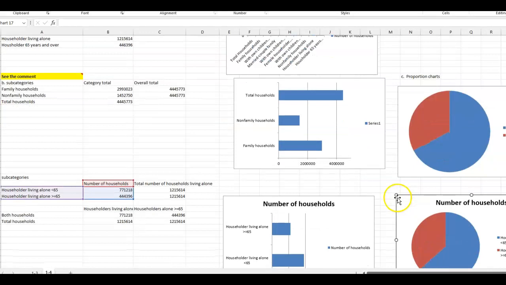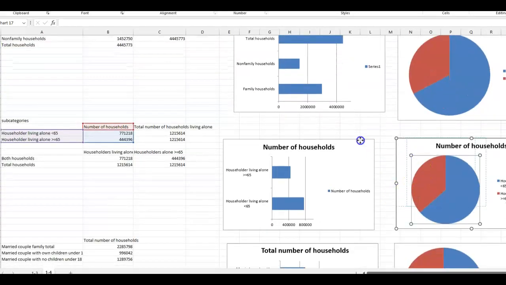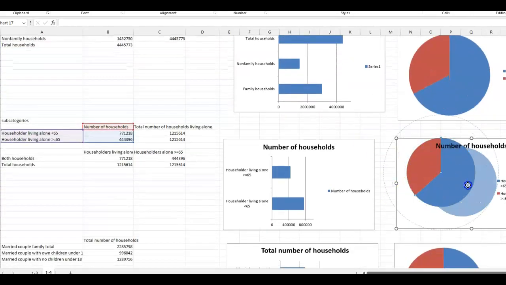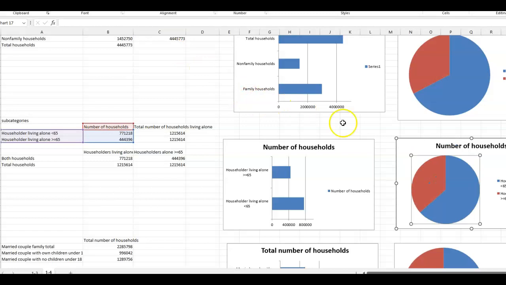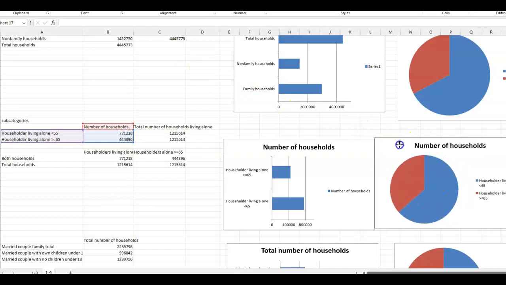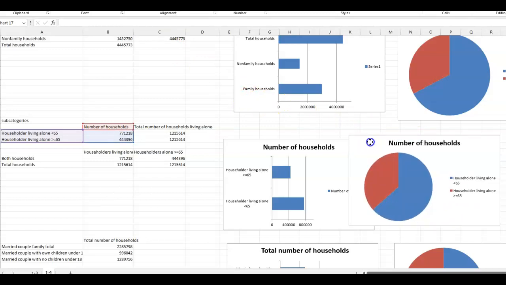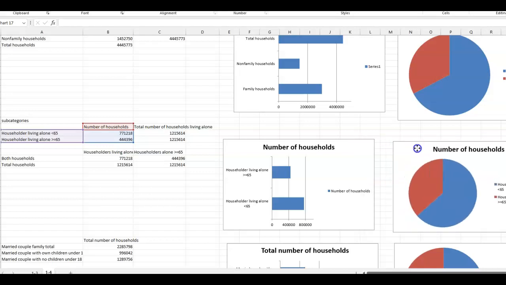So we'll have one pie chart, householders living alone, under 65 or over 65.